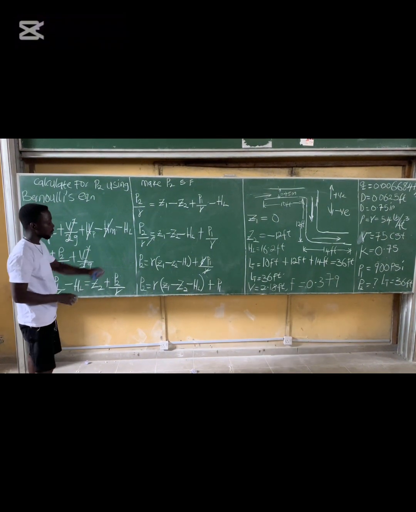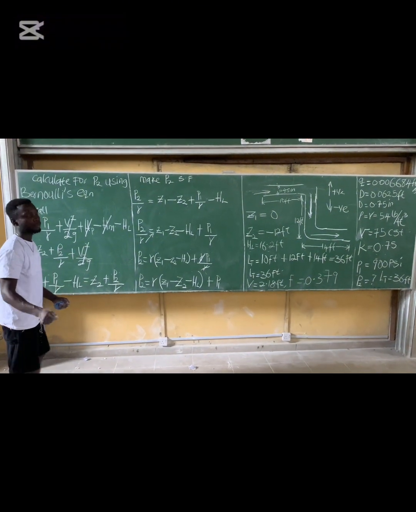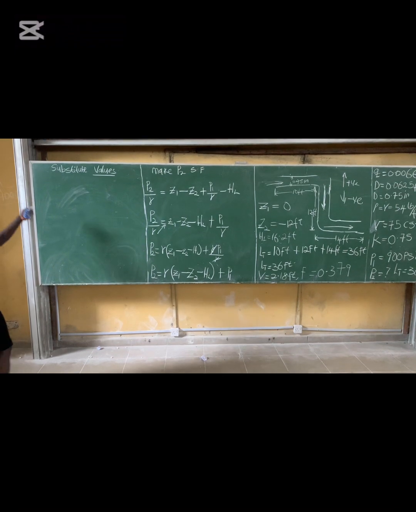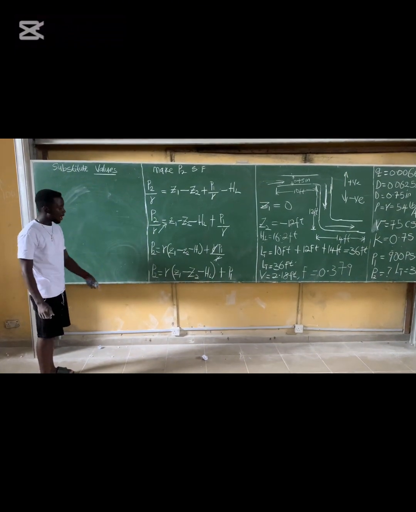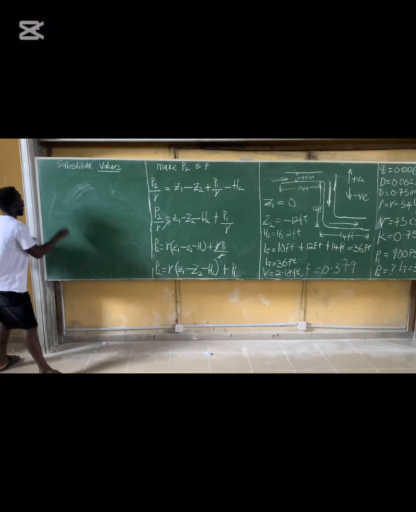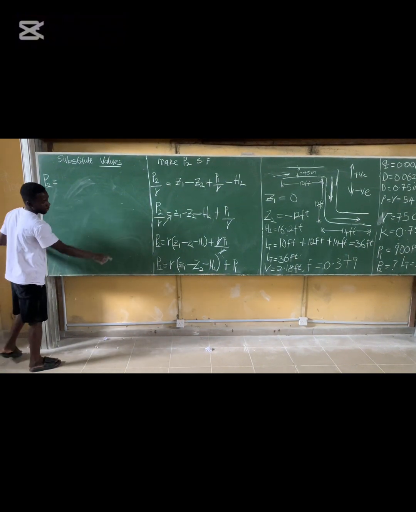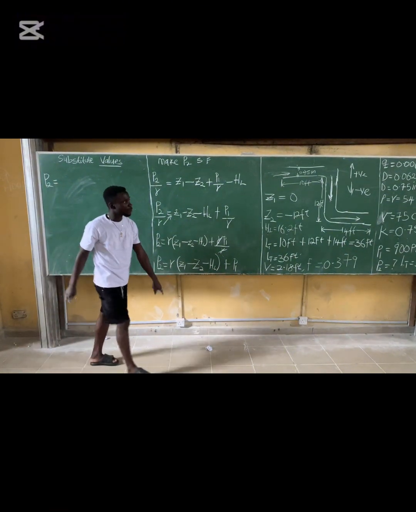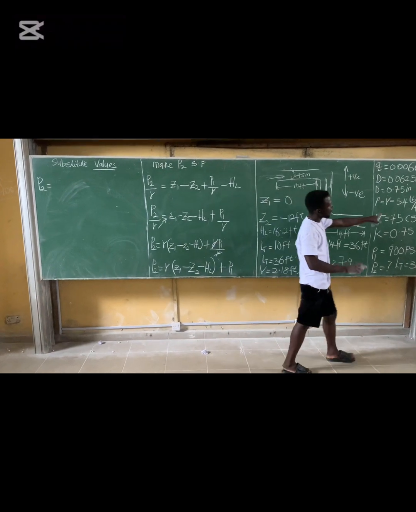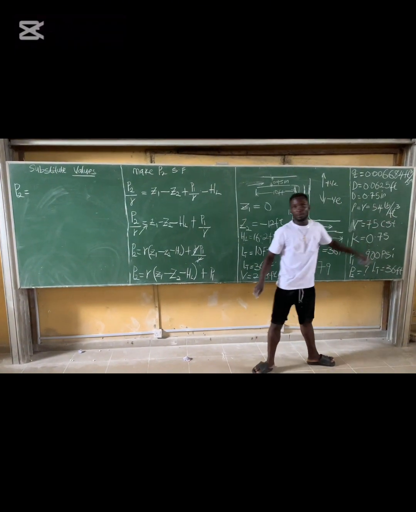So therefore, let's substitute values into this. Our P2 will be equal to our specific weight, which was given to us in the question as 54 pounds per cubic feet.